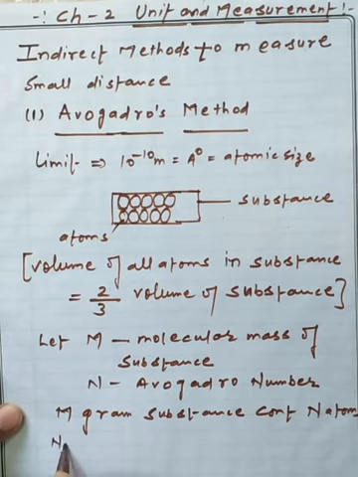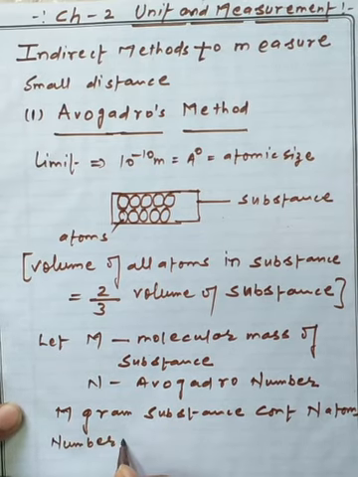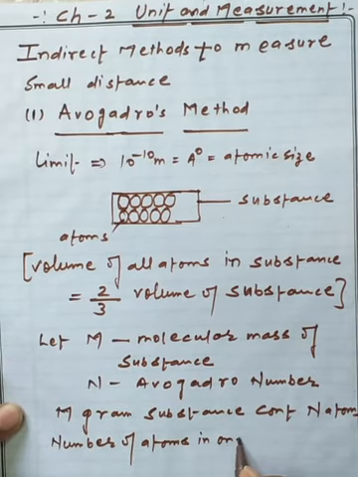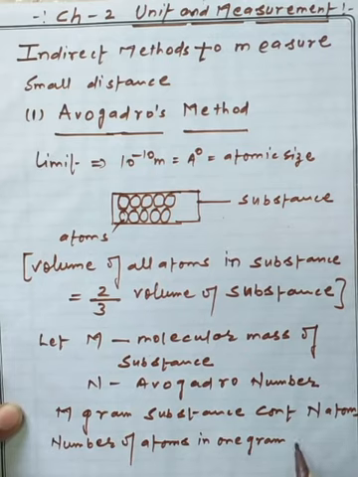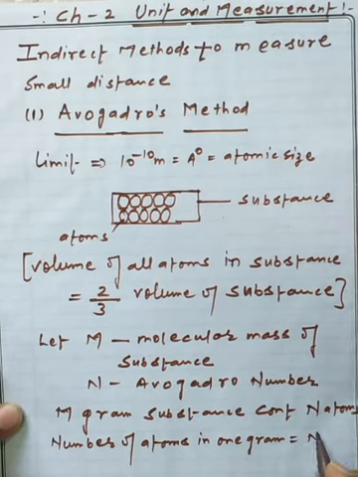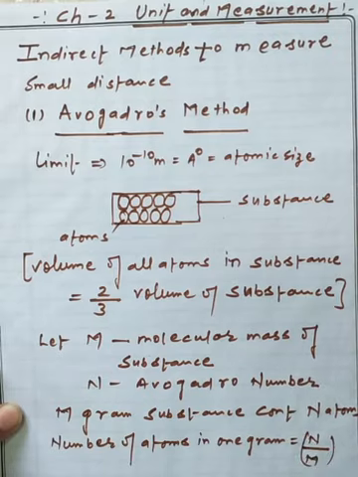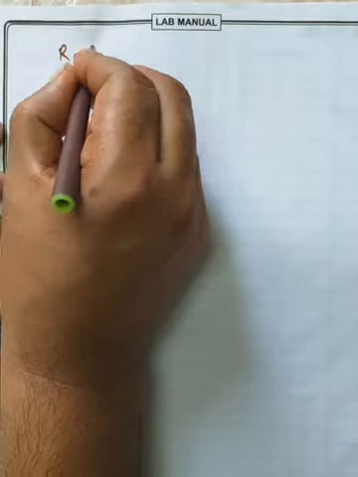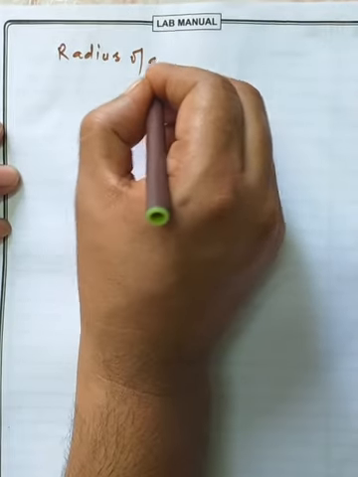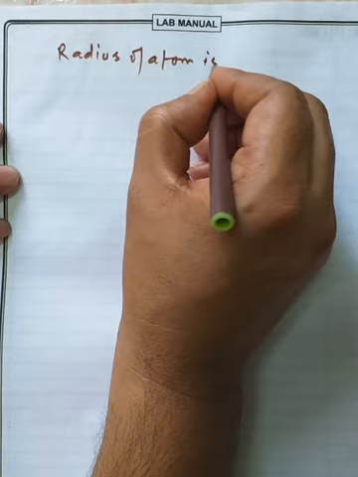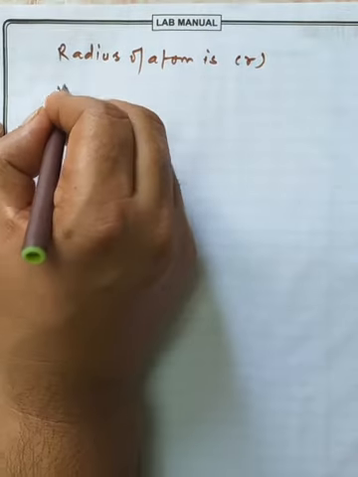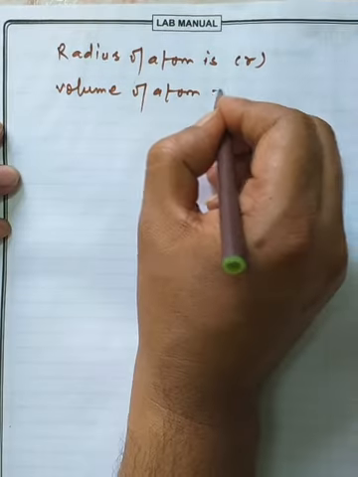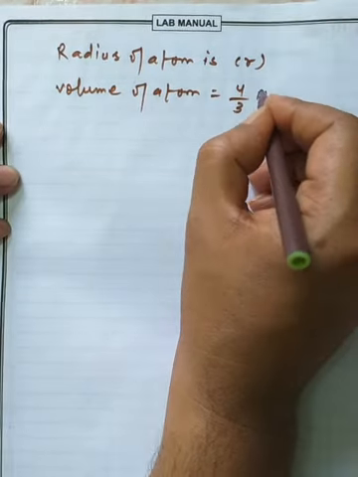Then the number of atoms in 1 gram is N by M. The radius of an atom is r. The volume of an atom is equal to 4 by 3 pi r cube.